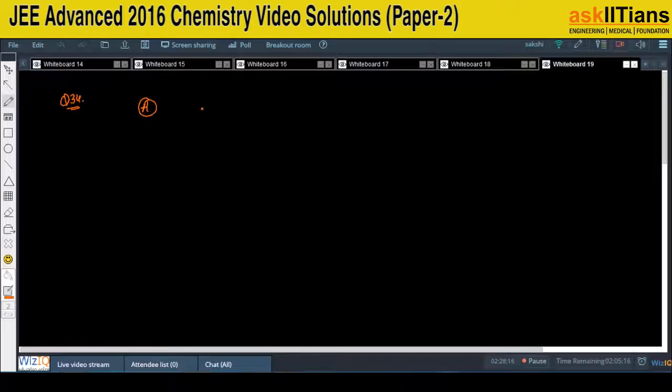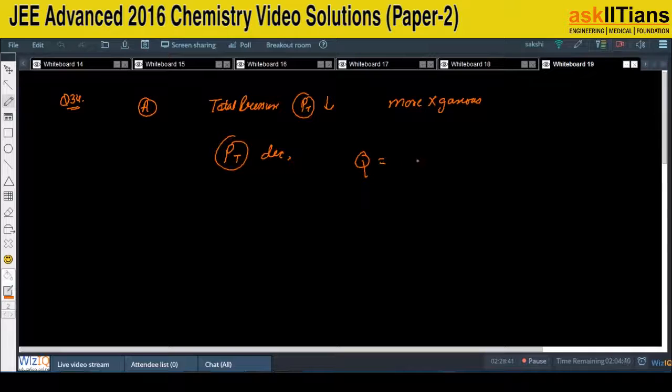The first option says that a decrease in the total pressure, so if you have total pressure as Pt, and I am decreasing this total pressure, will it result in the formation of more moles of gaseous X? Now on decreasing the total pressure, my Q value can be written as the number of moles of X2 multiplied by the total pressure divided by the number of moles of X2.